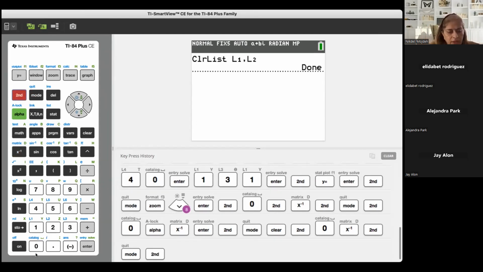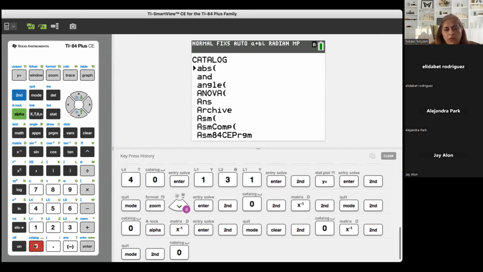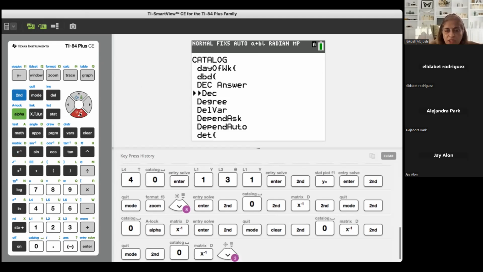I went to the catalog. I want to go to the first item in the catalog that starts with D. Here is the D. I click the x to the negative 1 key. It takes me to the first item in the catalog that starts with D. I just have to go down until I find diagnostic.